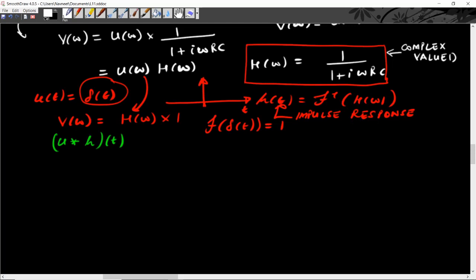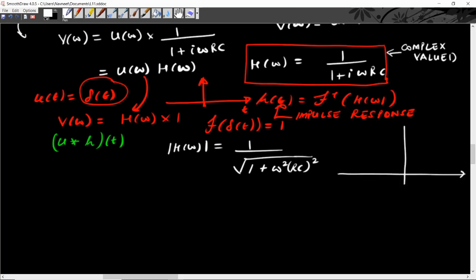So let us look at how the magnitude of this transfer function looks. The magnitude of H of omega is given by 1 over the square root of 1 plus omega squared RC squared, and this would look something like this.